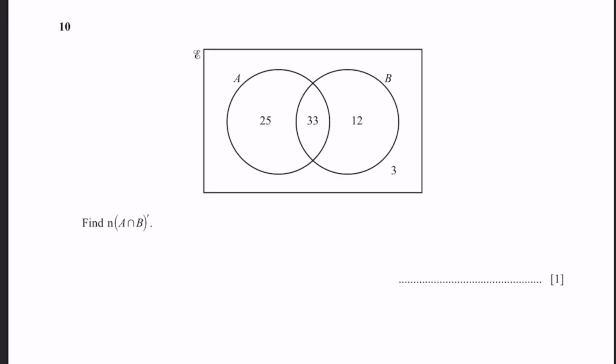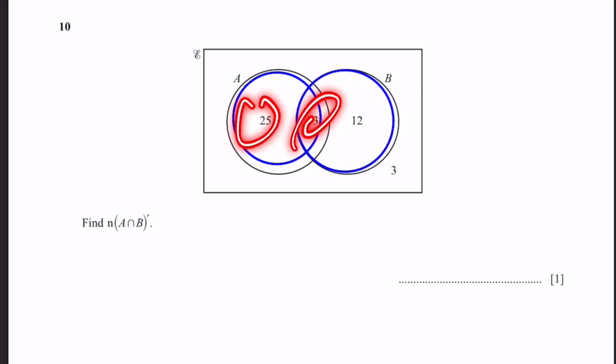Question 10. Find n of (A intersection B) the whole prime. So we have set A here, and we have set B here. Set A has 25 and 33, set B has 33 and 12.